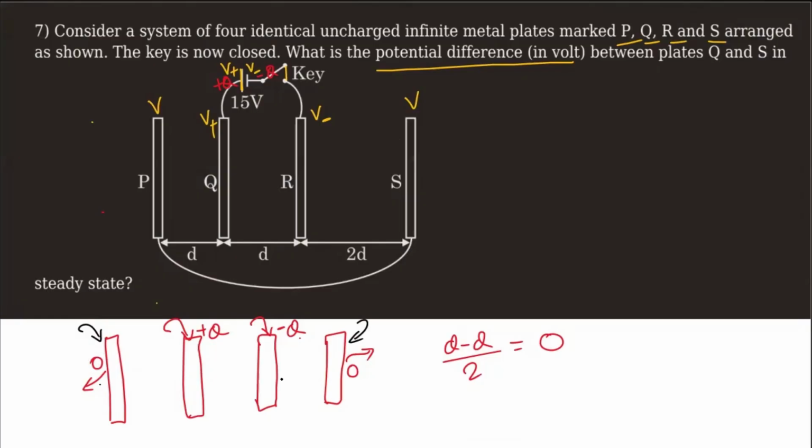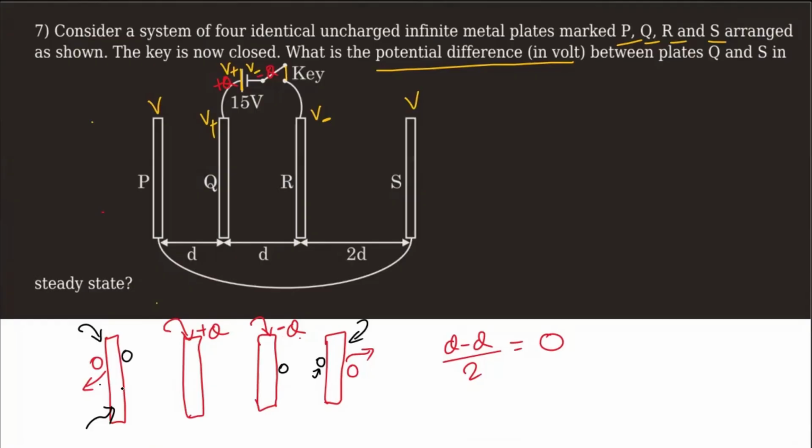So if they are not connected, then what will you say? You will say, ma'am, use the concept, and according to the concept you have not given any charge to this plate. So if one surface has 0 charge, the other will have 0. Similarly, you have not given any charge to this plate. So if one surface has 0 charge, the other will have 0. And then from the concept of facing surfaces having equal and opposite charge, if this has 0 charge, this will have 0 charge because they are facing surfaces, right?